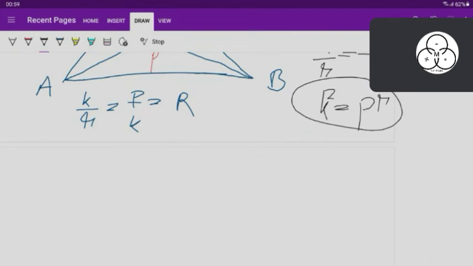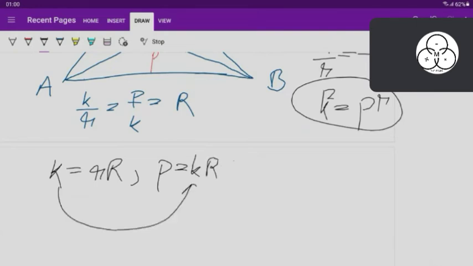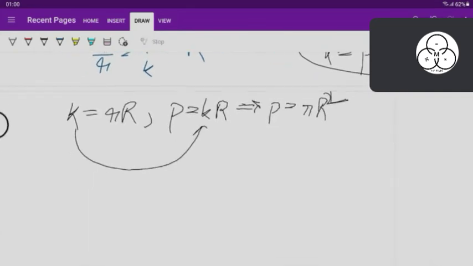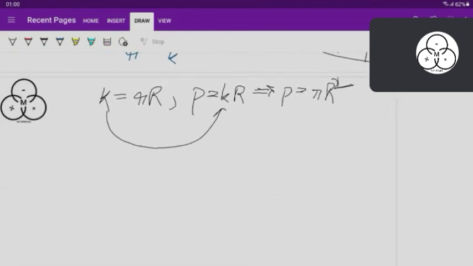So K equals Rr, P equals Kr. Putting the value of K here, we will get P equals R square r. So we haven't used any unknown concept. This is simple algebra. We haven't introduced GP or anything like this.